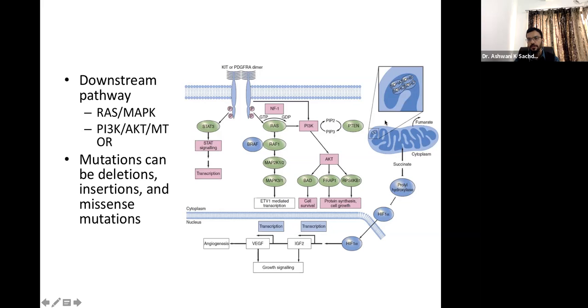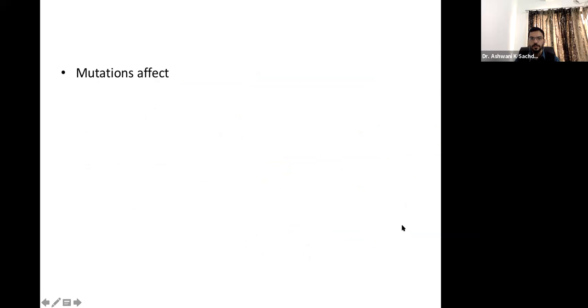So if SDH is deficient, there is increase in hypoxia induced factor 1 alpha, and it further leads to growth signaling by insulin growth factor, VEGF, and angiogenesis. So this is the pathway for SDH related GIST.